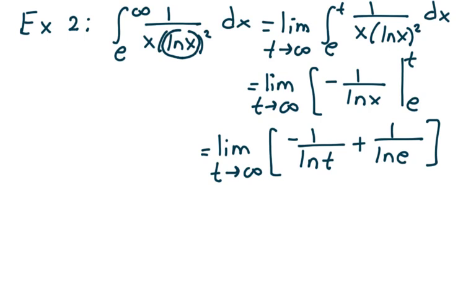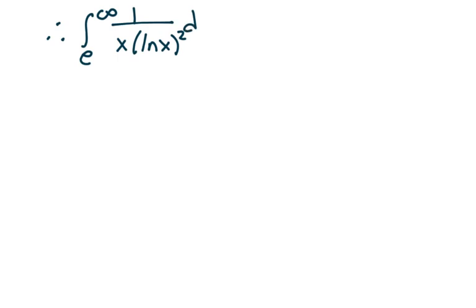As t gets large, this term goes to 0, and so you get 1 over natural log of e, which is 1. And what we can say here is that the integral from e to infinity of 1 over x times ln of x to the second dx converges.